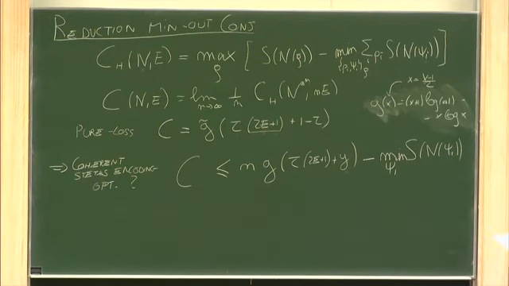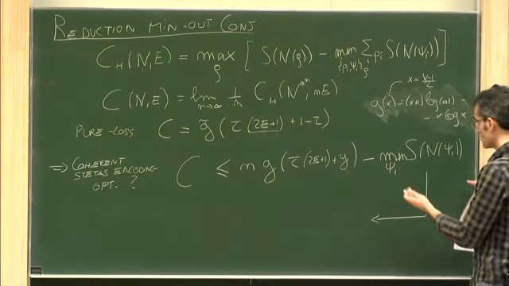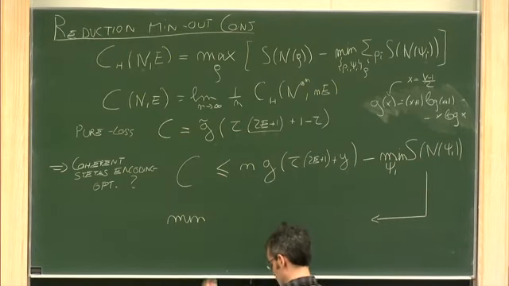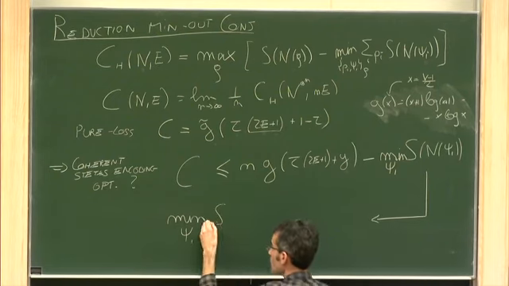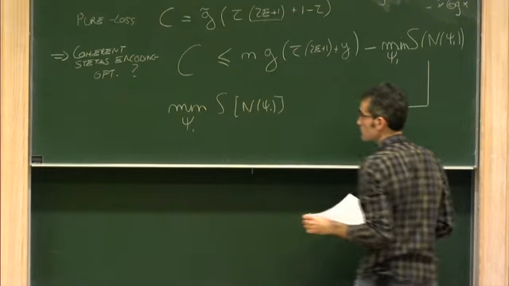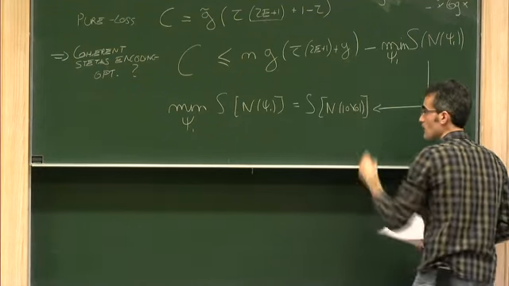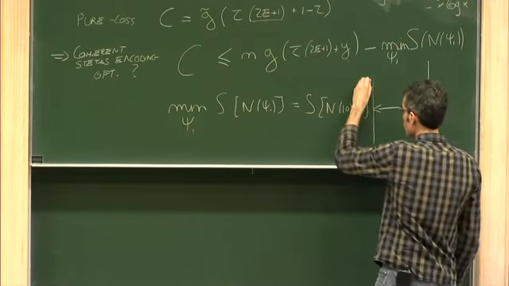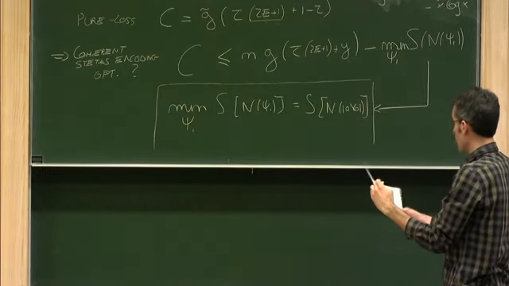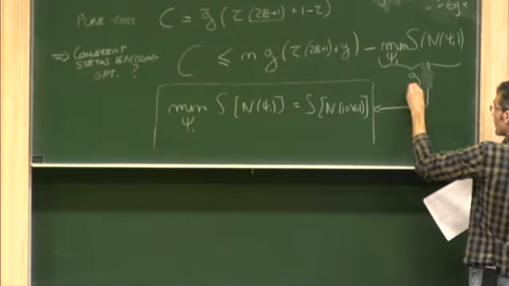So what the conjecture says is, if you were able to prove that this quantity is minimized when you input vacuum, then you can see that this upper bound is indeed tight, and will be given by this.